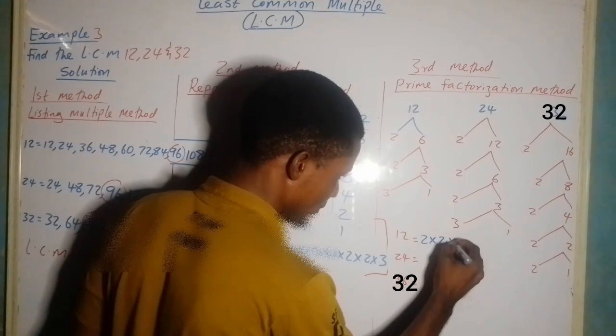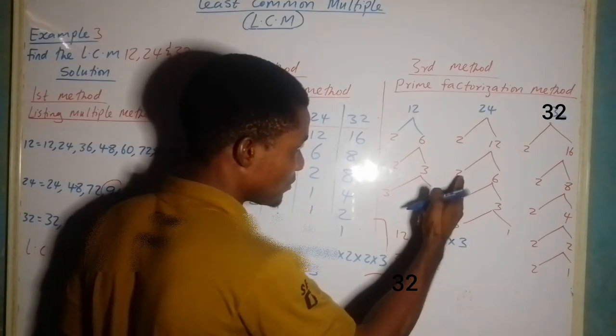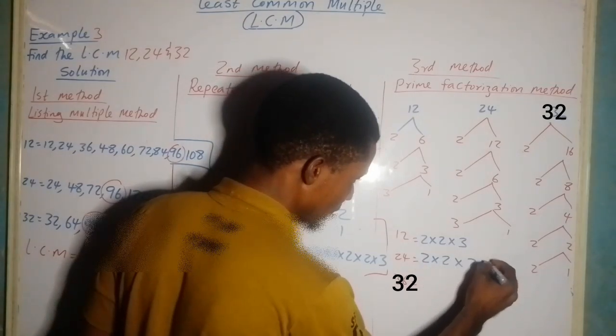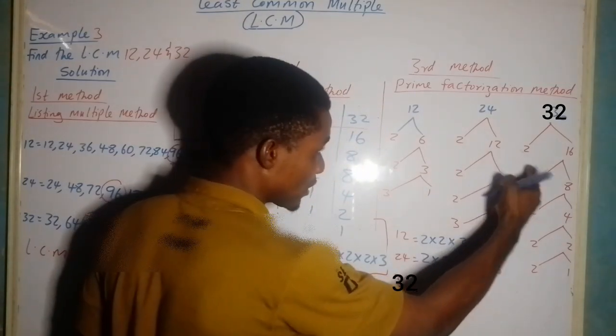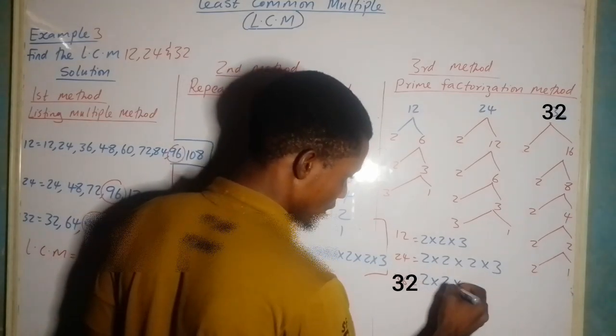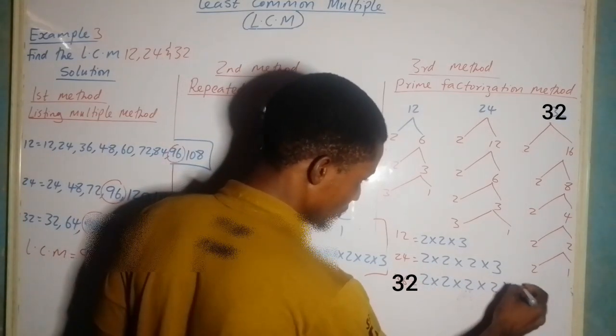2 times 2 times 3. The next one is 2 times 2 times 2 times 3. The next number is 2 times 2 times 2 times 2 times 2.